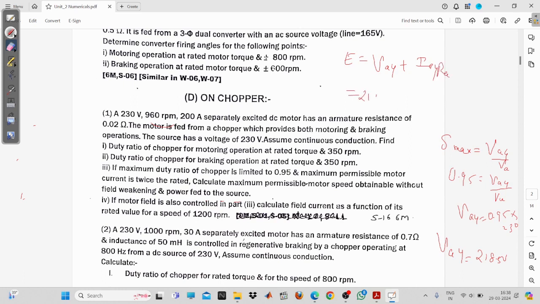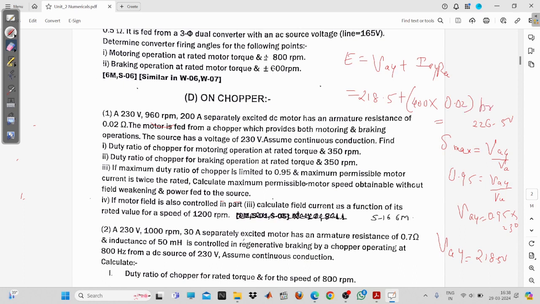The value of VA4 is 218.5, then 400 into 0.02, which is given in the problem. If you evaluate this, it is 226.5 volt.